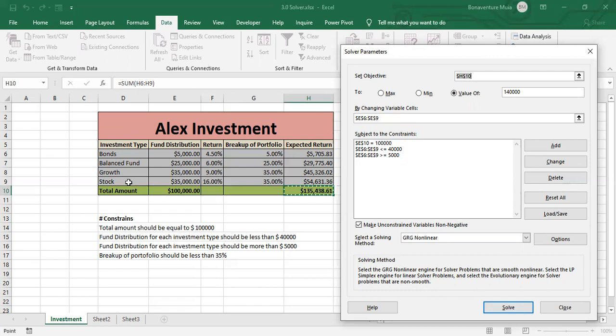We still have another constraint here that I think is going to be an obstacle to us getting 140,000, which is this, that the fund distribution for every investment type should be less than 40,000. I want the solver to be able to invest heavily on investment types that have got a great rate of return. So I'm going to delete that. And then after doing that, I want to click on solve to see if I can get a solution. Then okay.